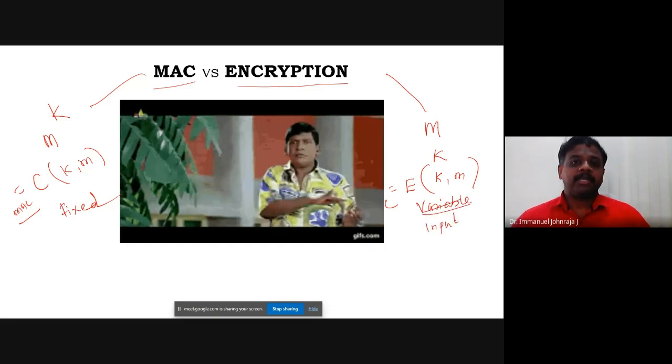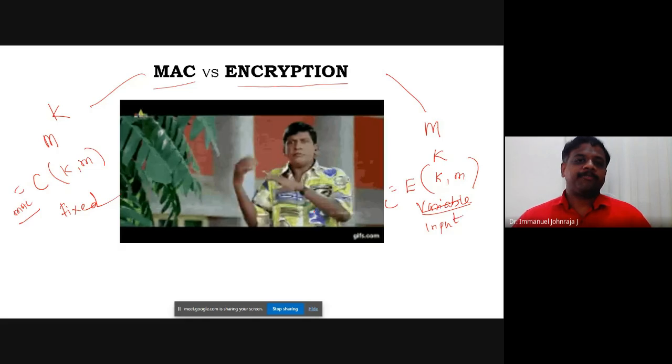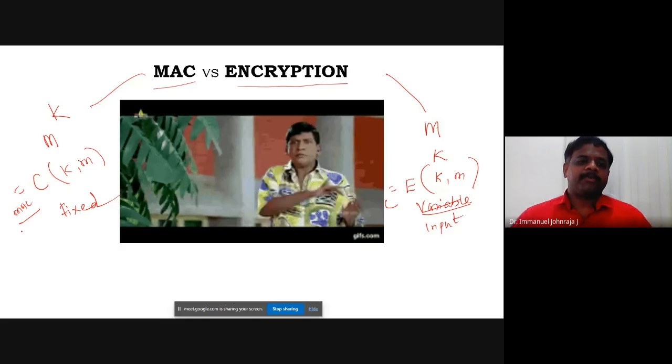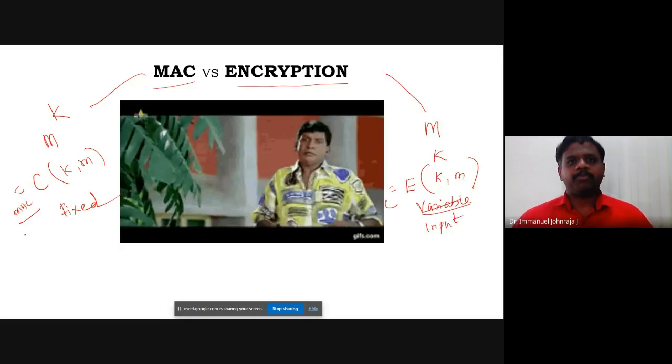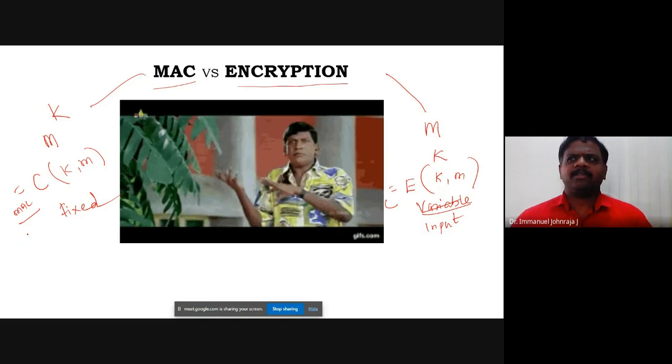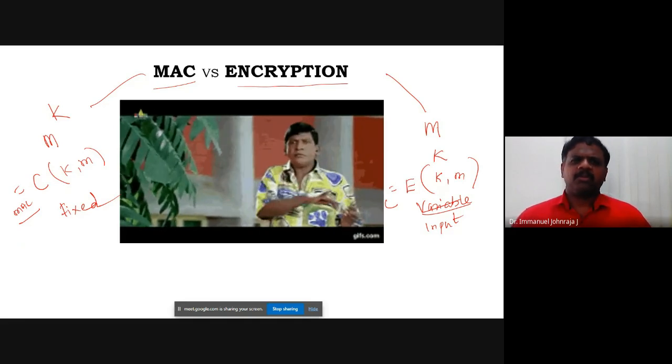Based on the size of the input, the size of the ciphertext will vary. Whereas in the case of MAC, the size of the input text does not make a big difference. Is that all? No, there is one more point along with that.